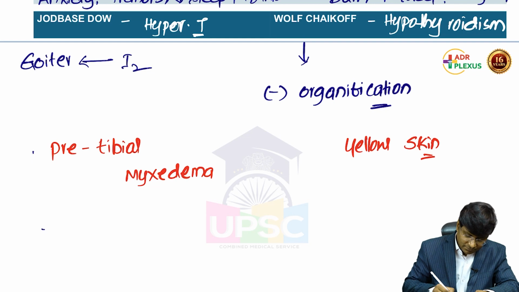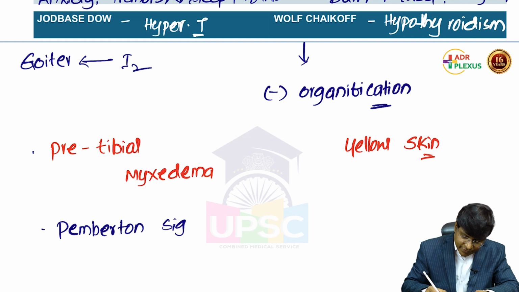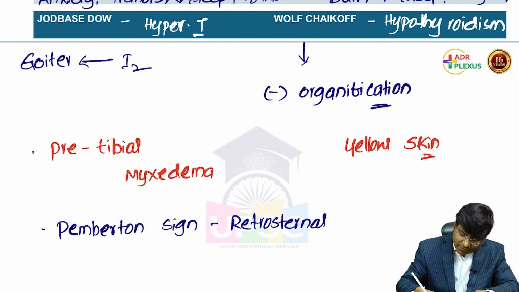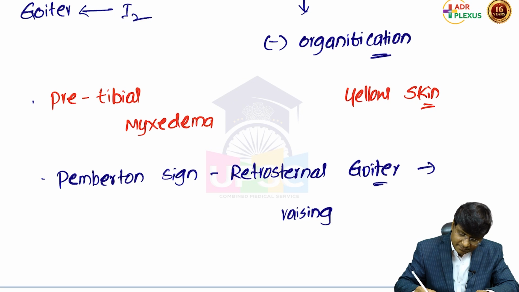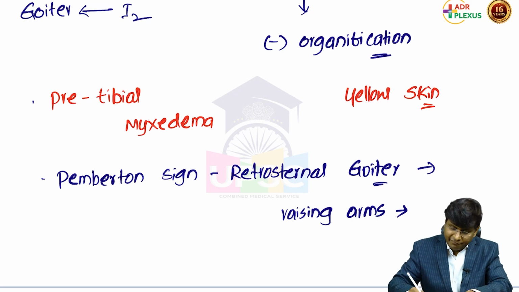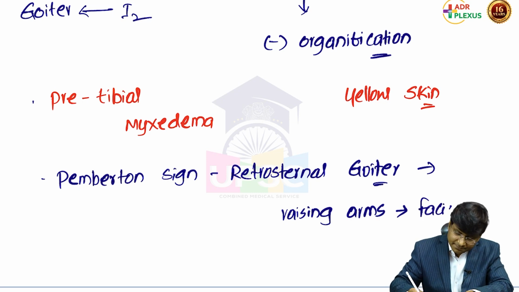One important sign that you need to remember is Pemberton sign. This Pemberton sign is observed in patients with retrosternal goiter. Upon raising the arms, these individuals will have facial congestion.